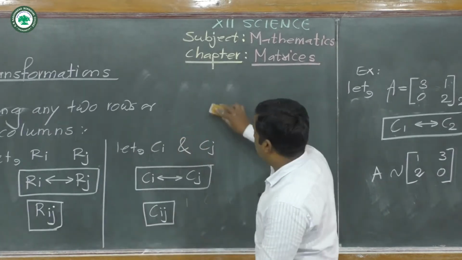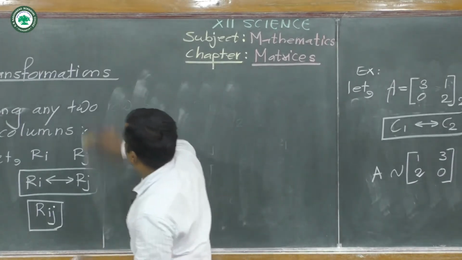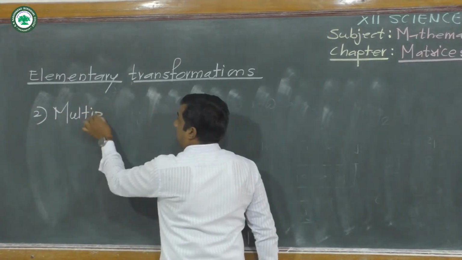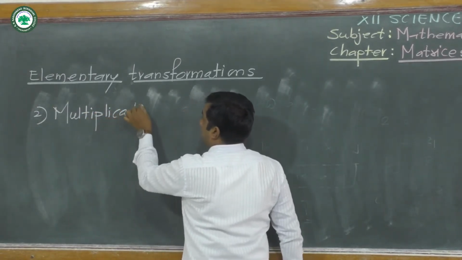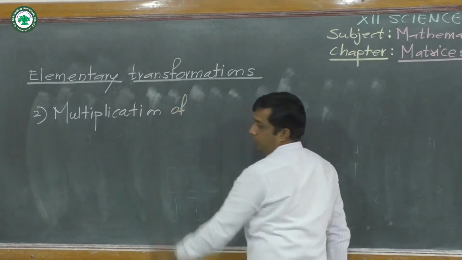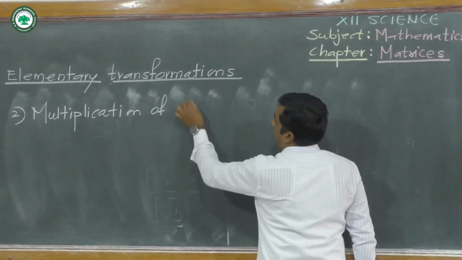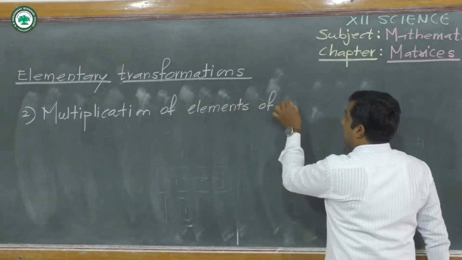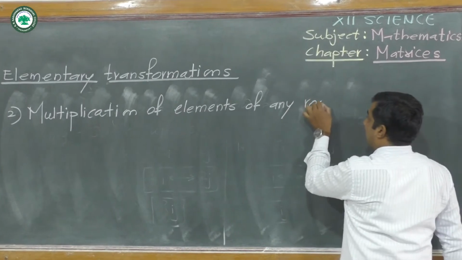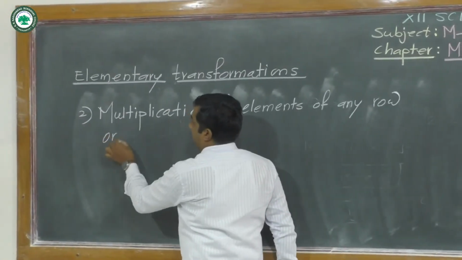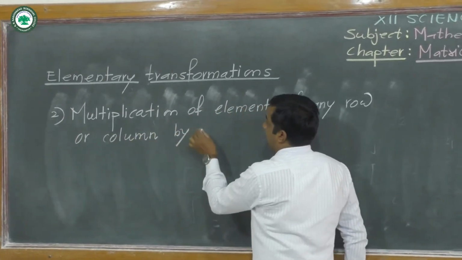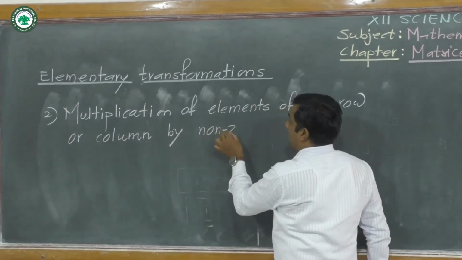Let us see another transformation, multiplication of the elements of any row or column by non-zero scalar.